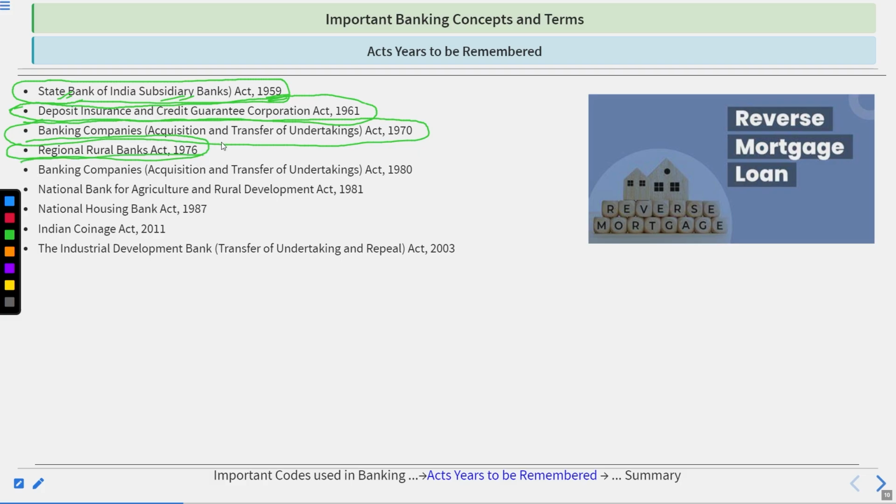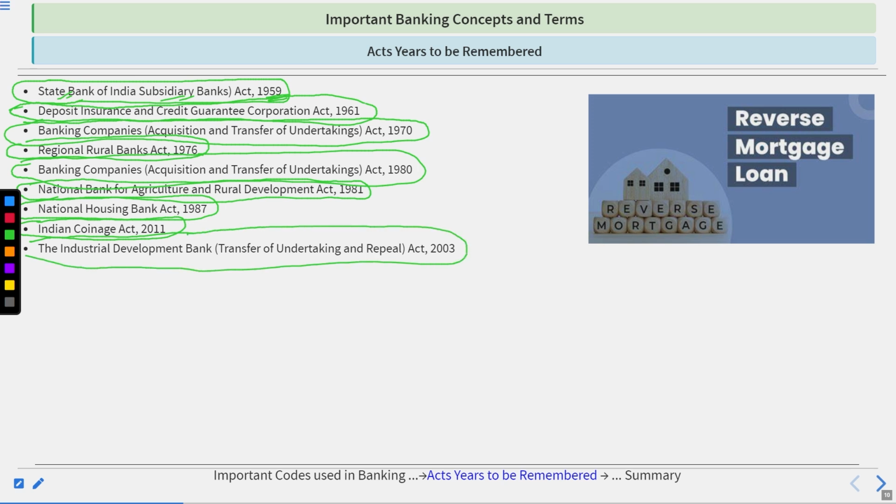Banking Companies Acquisition and Transfer of Undertakings Act 1980. National Bank for Agriculture and Rural Development Act 1981. National Housing Bank Act 1987. Indian Coinage Act 2011. And the Industrial Development Bank Transfer of Undertaking and Repeal Act 2003.